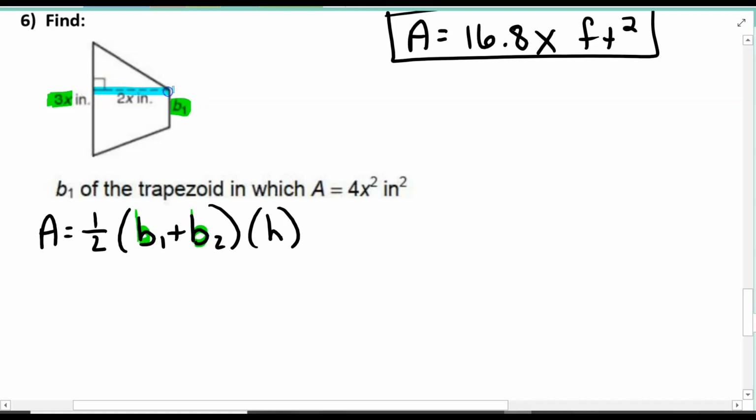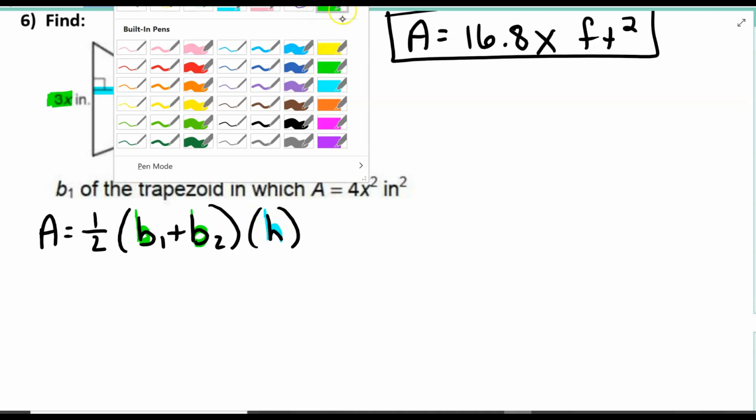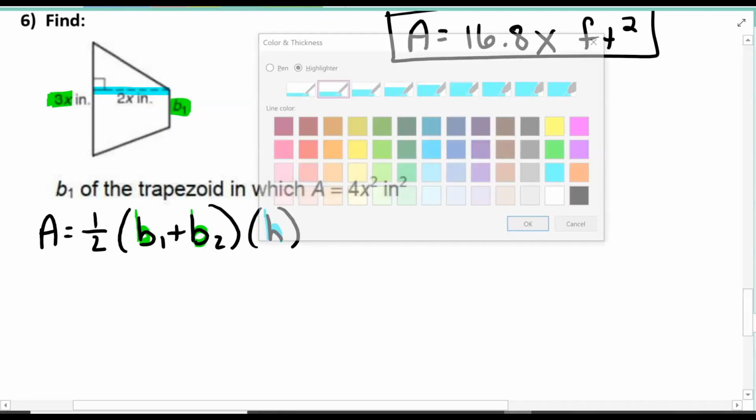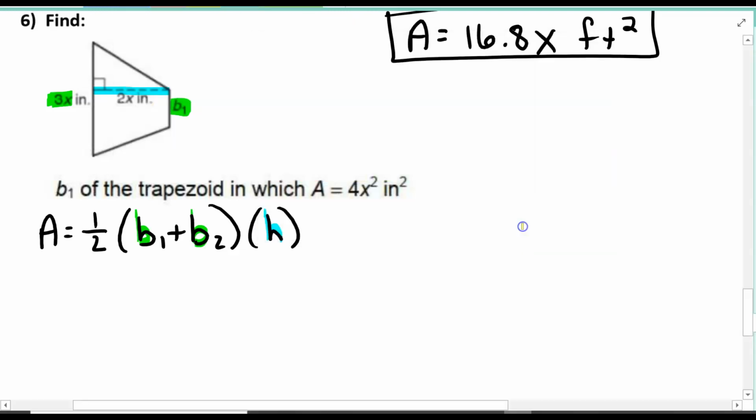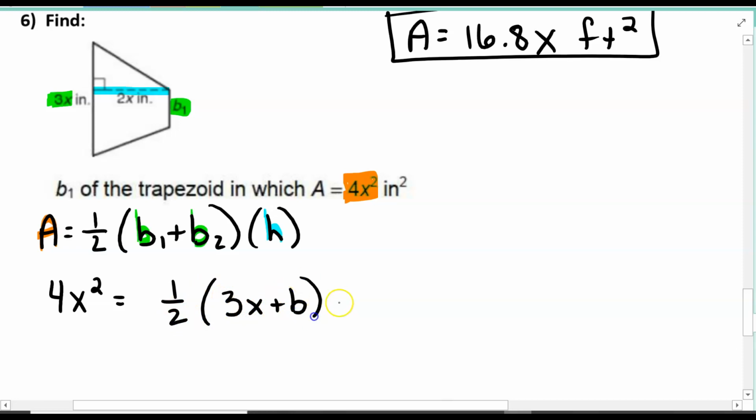I'm told that my height is 2x, and I'm told that the area is 4x. So when I plug in, I have not 4x, but 4x squared. I have 4x squared is equal to 1/2 times 3x plus b times my height of 2x.